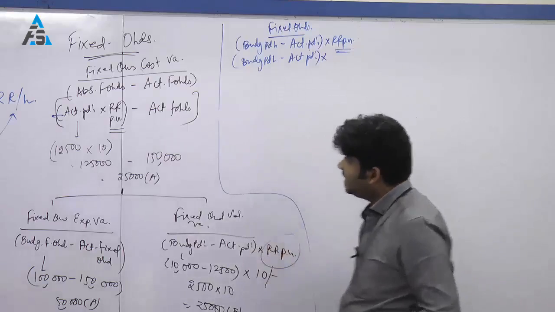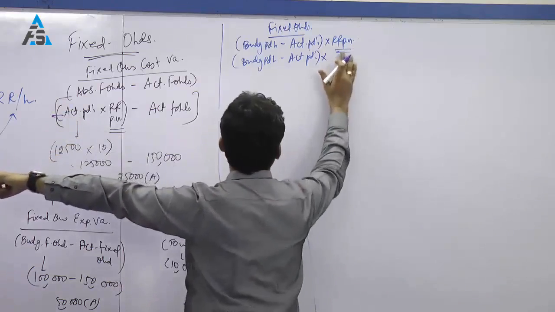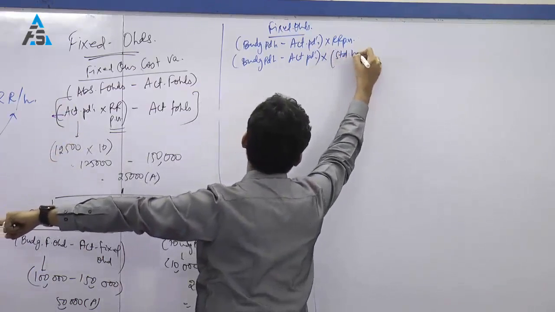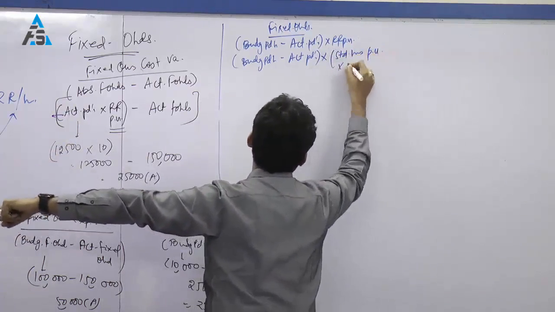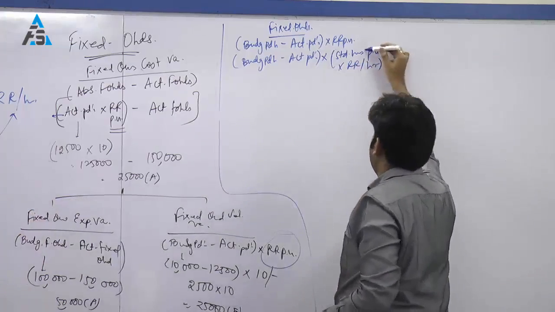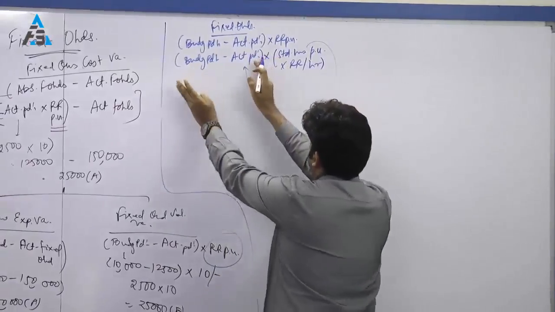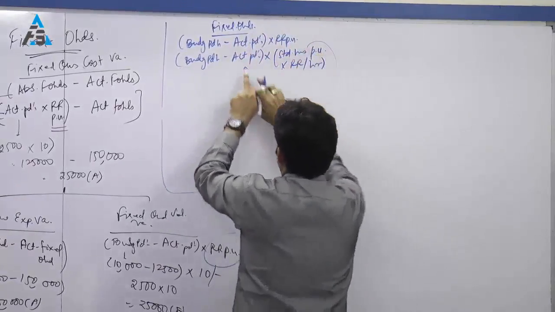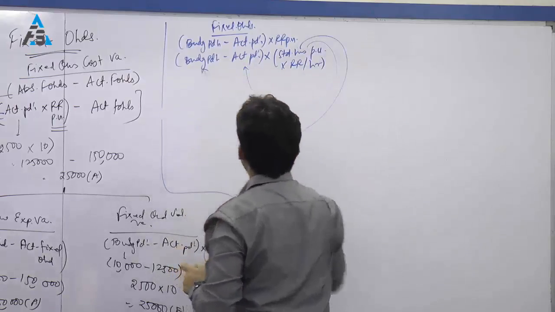What is the recovery rate per unit? I will say it is nothing but standard hours per unit into recovery rate per hour, right? See, now this is the total bracket and this bracket has been split. So can I say this is multiplyable to both of them?